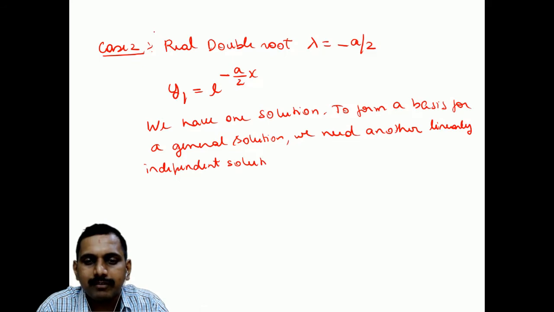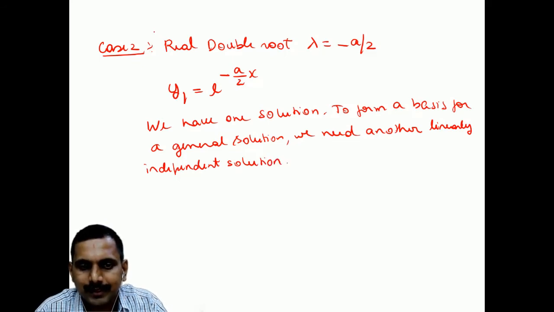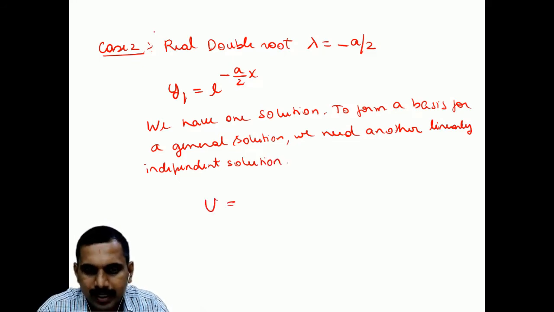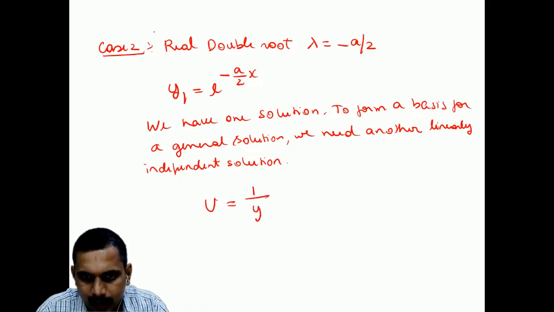How to find that? We have done that now, is it not? So what is that? u is equal to 1 by y1 square into e power minus integration of px.